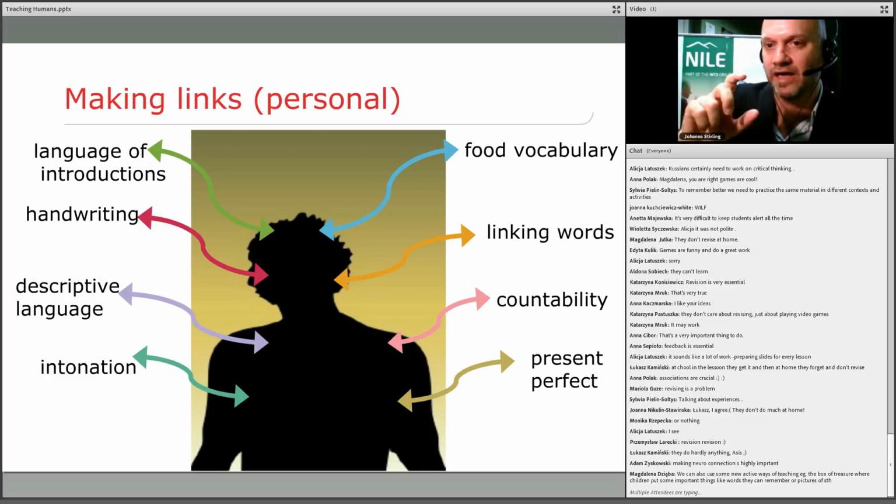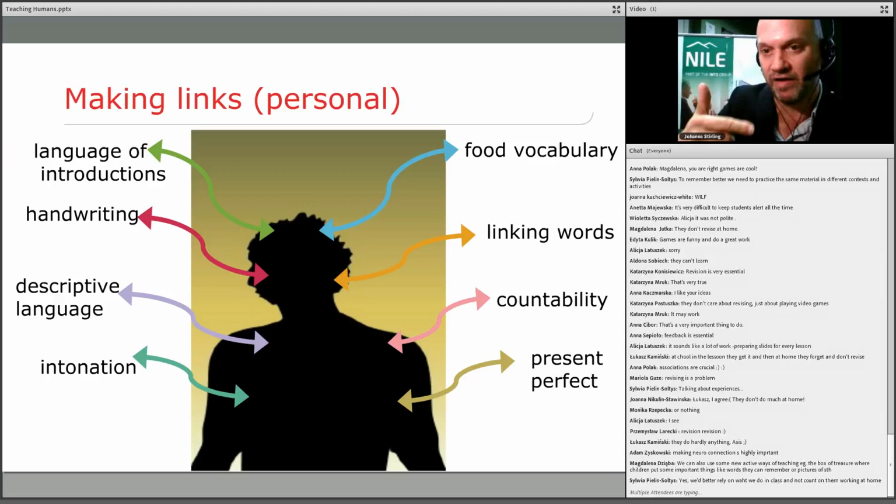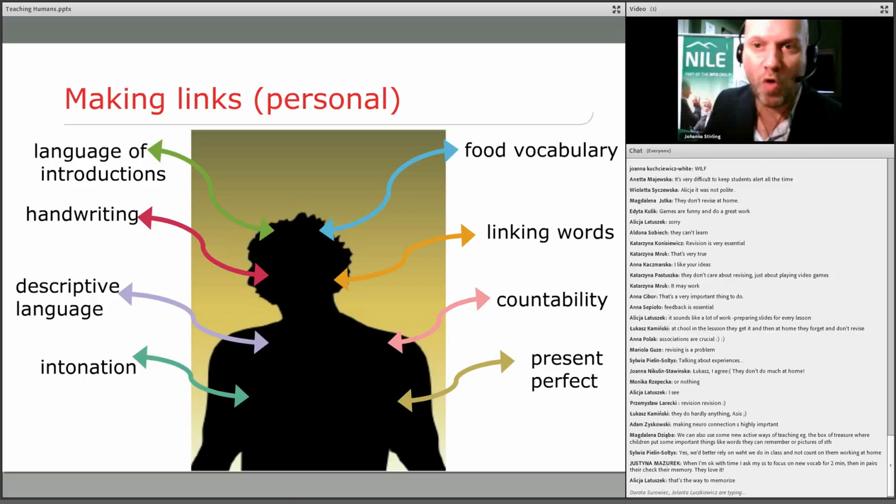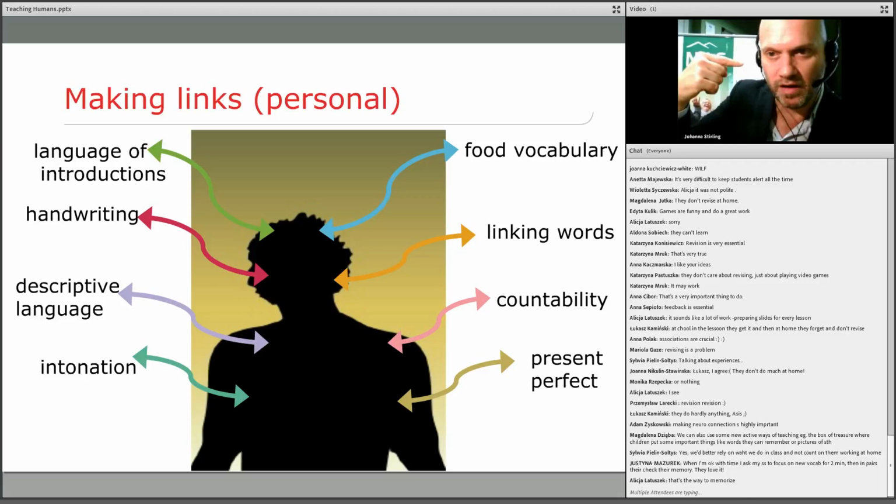Now, I said earlier that I talk in presentations quite a lot about how memory works. One of the things that we have learned about memory is that the way that the brain works is through connections and reconnections. There's an expression in neuroscience that neurons that fire together wire together. That if you make a connection repeatedly between 2 things, then the recall becomes automatic.